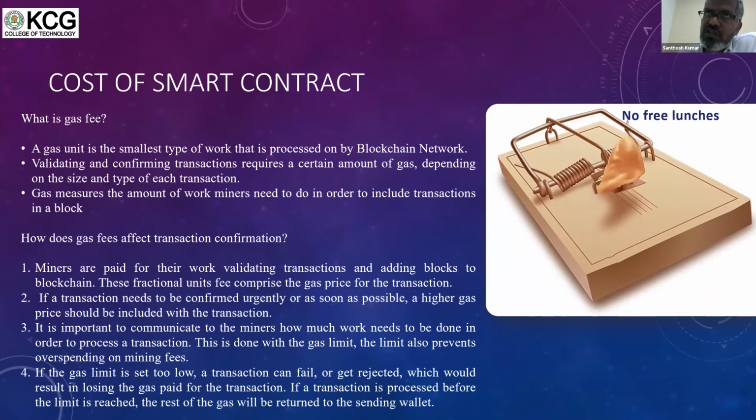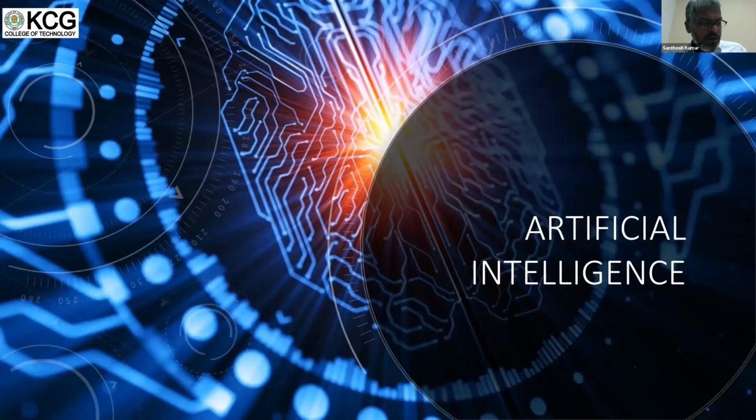Unlike in a traditional smart contract fee, where you define upfront, whether you default or you don't default, whether that service is triggered or not triggered, you still have to pay that fee. So that is another advantage of smart contracts. Any questions? Okay, so that's it on smart contracts.